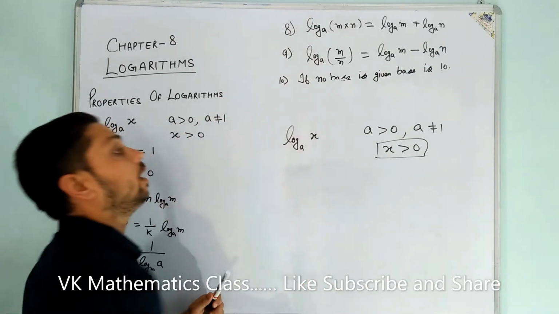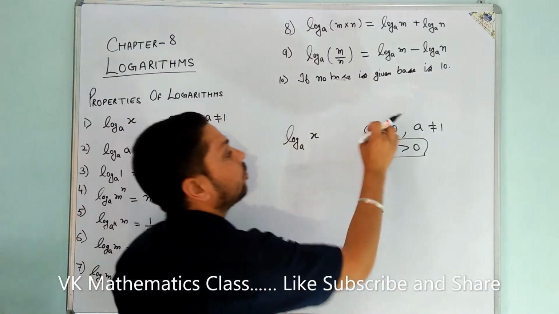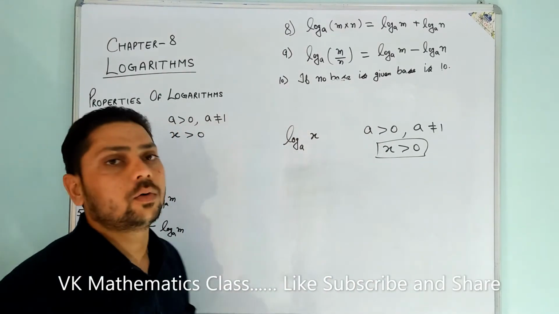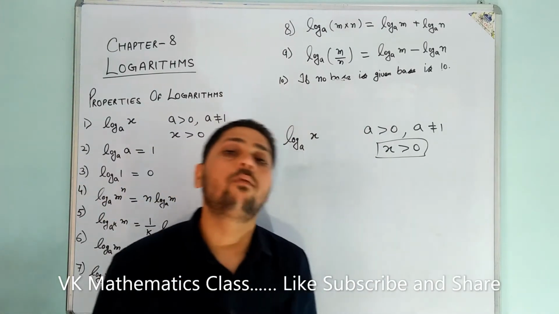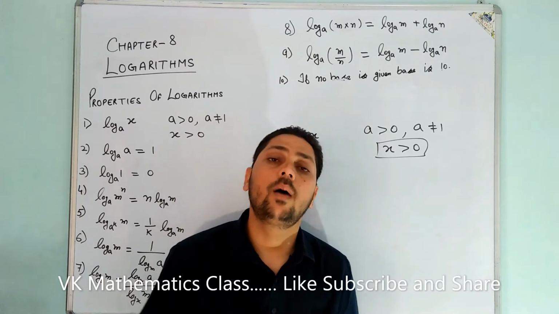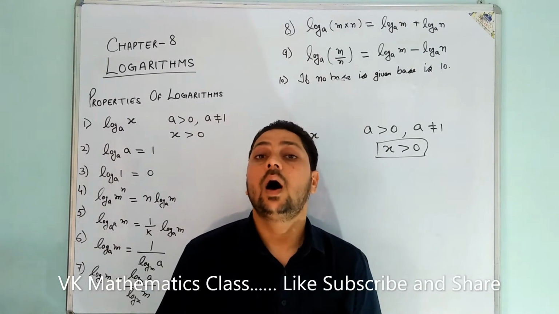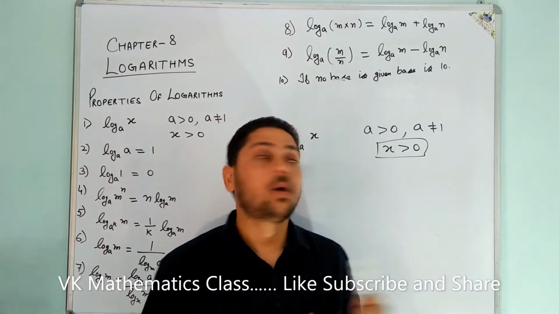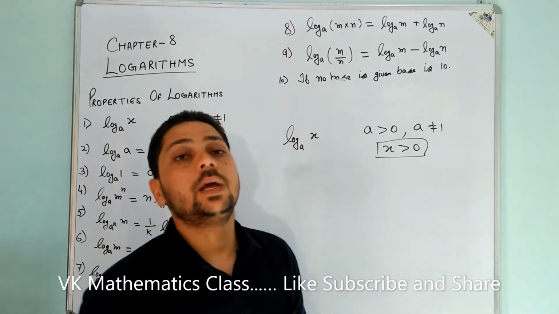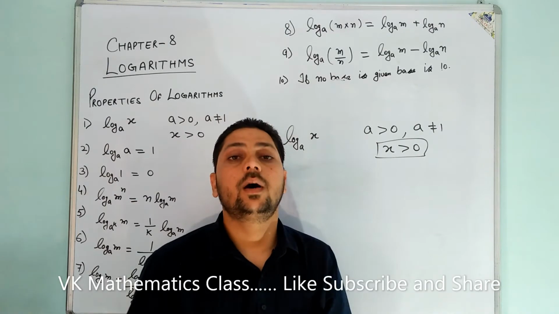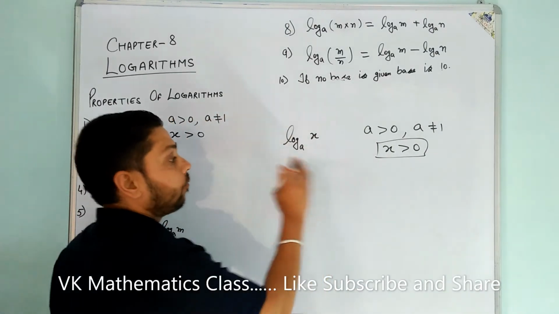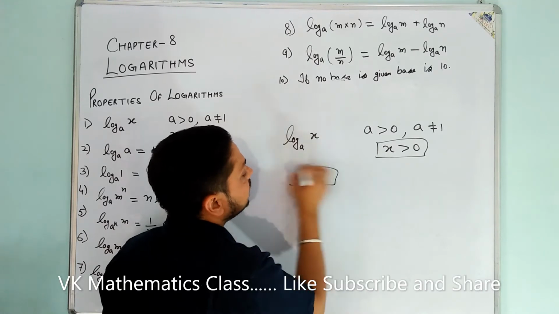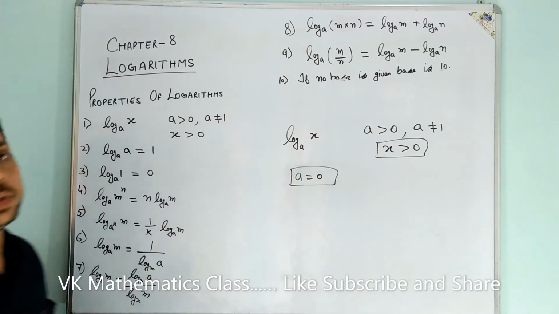That is, x should be greater than 0. That is the first condition. Second, here we have a should be greater than 0 and a is not equal to 1. That is, the base of a logarithm is a positive number other than 1. Remember this thing, the base of your logarithm is always a positive number other than 1. Why is it like this? Suppose a is equal to 0, that is, I take the base equal to 0.